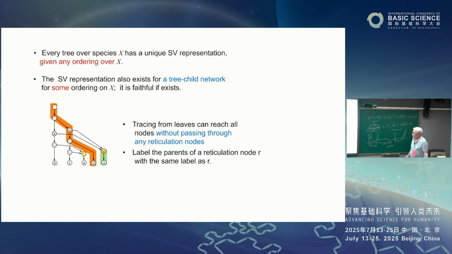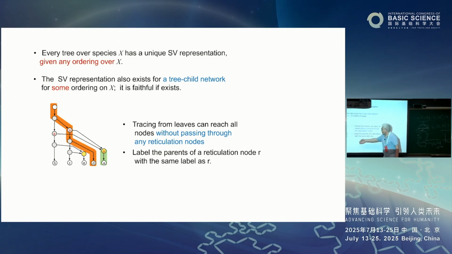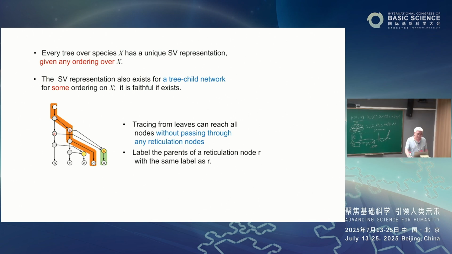This is because tree child networks have these properties. We can build the path just like in the tree case. The only difference is we cannot label these, but we label these using the label for this, one component by one component.